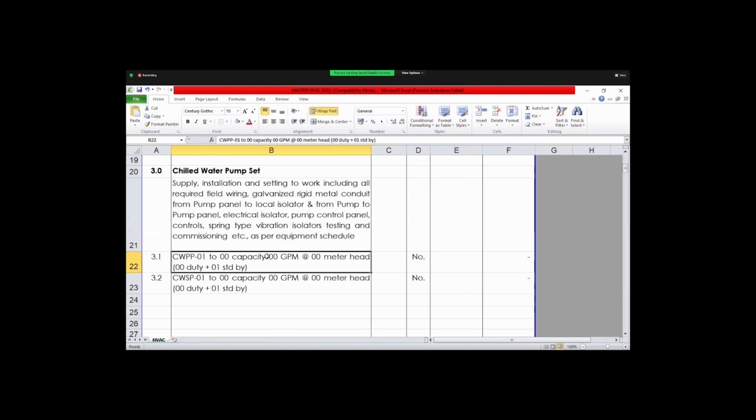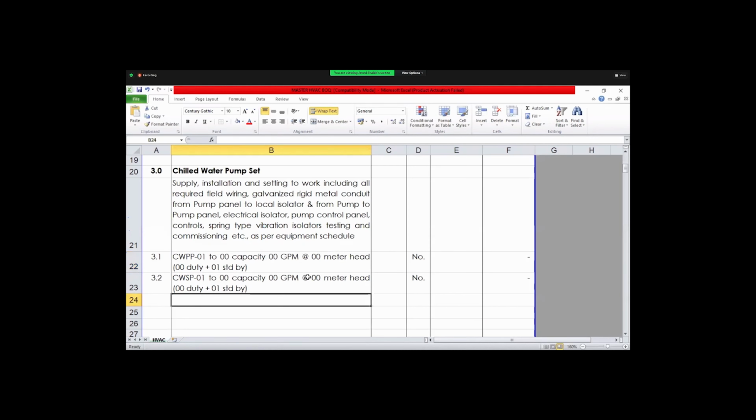So it should have the capacity and the GPM, how much GPM of water should be pumped through each pump, and the meter head which we calculated day before yesterday, which is in meters. The pump head is based on the total pipe length.